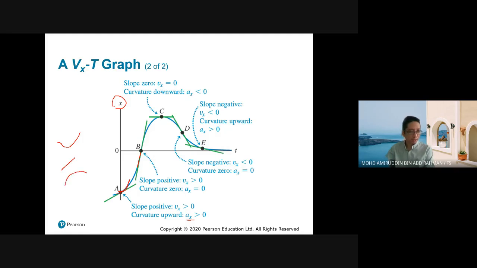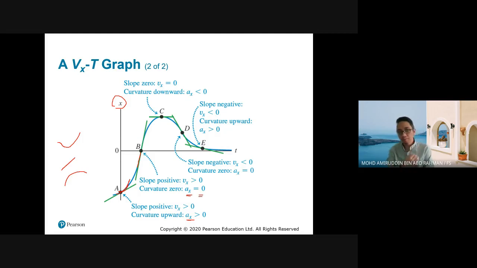You look at the curve, the curve is flat. When the curve is flat, how to detect that? You need to draw a straight line. If the curve over here lies on that straight line, it means that your acceleration is 0.